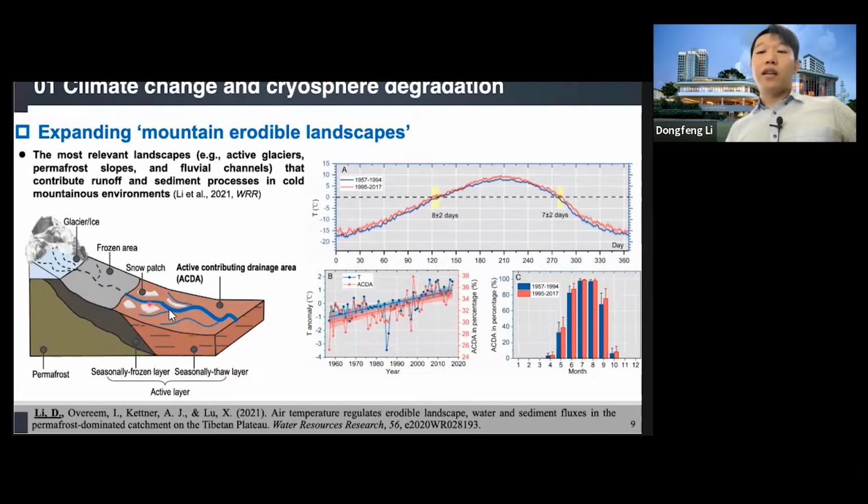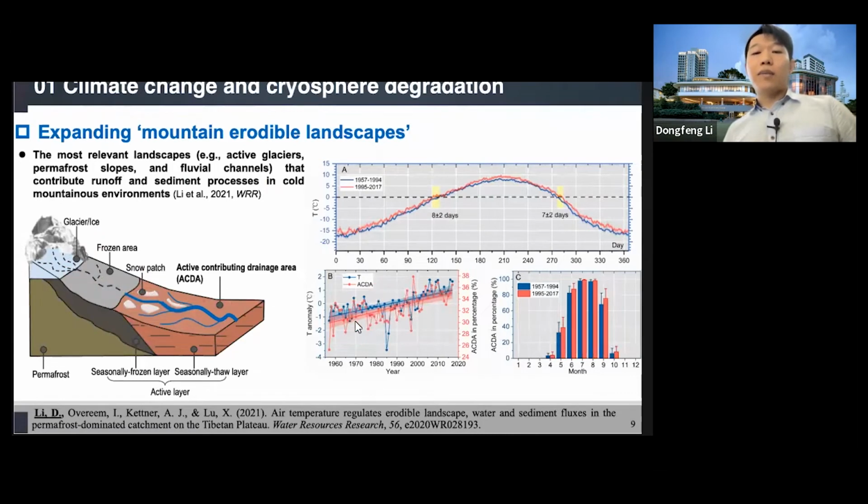Basically, in this diagram, you can see the red shaded area. It's called the active mountain erodible landscape because it is contributing water and sediment to this catchment. The gray shaded area and the light blue shaded area are still frozen on a given day of the year, so they are not contributing water and sediment.